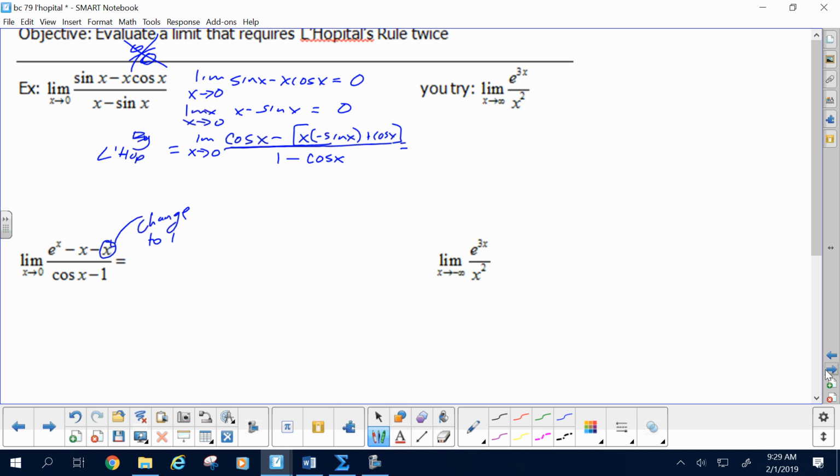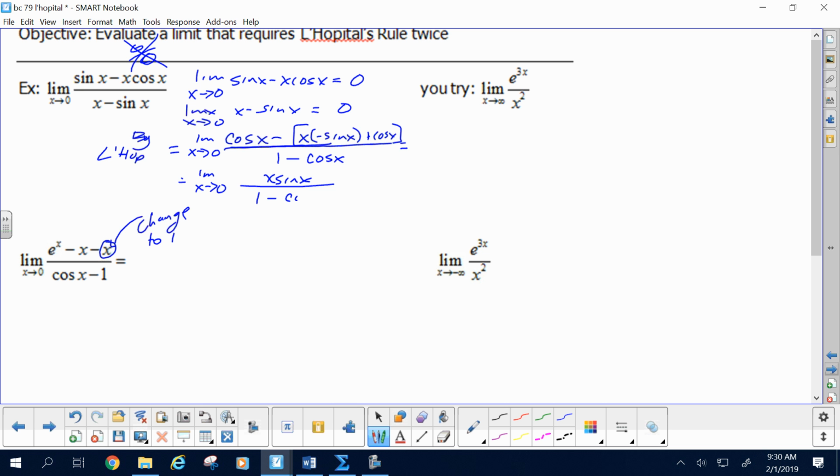If we do a little bit of cleanup first before we proceed, how does the numerator simplify? What happens to the cosine? They drop away, subtract away, and so we have positive x sine of x.